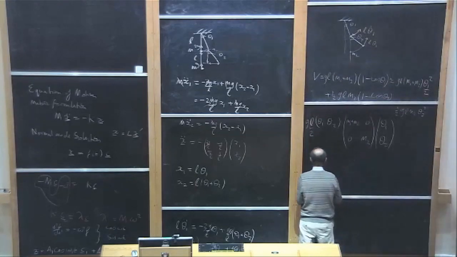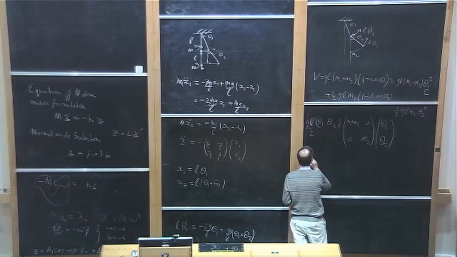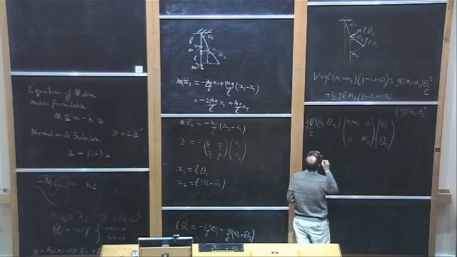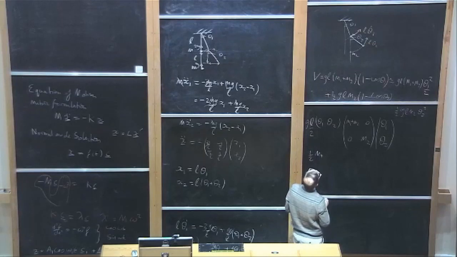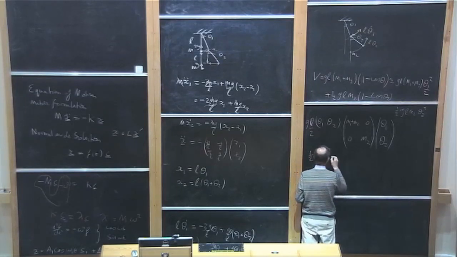So that gives us that the kinetic energy is a half m1 L squared theta 1 dot squared.